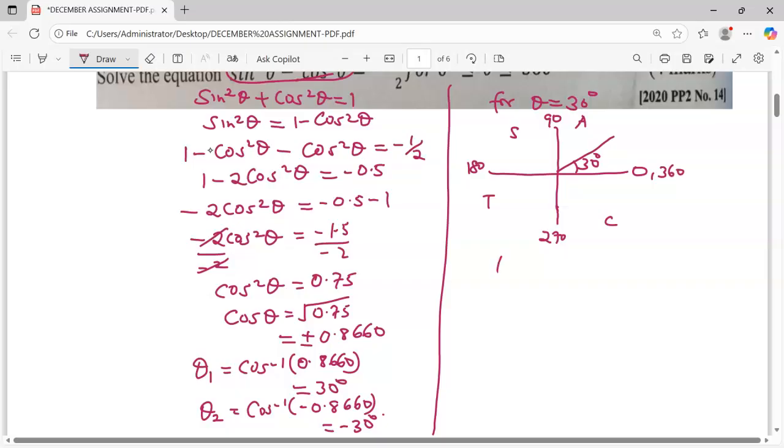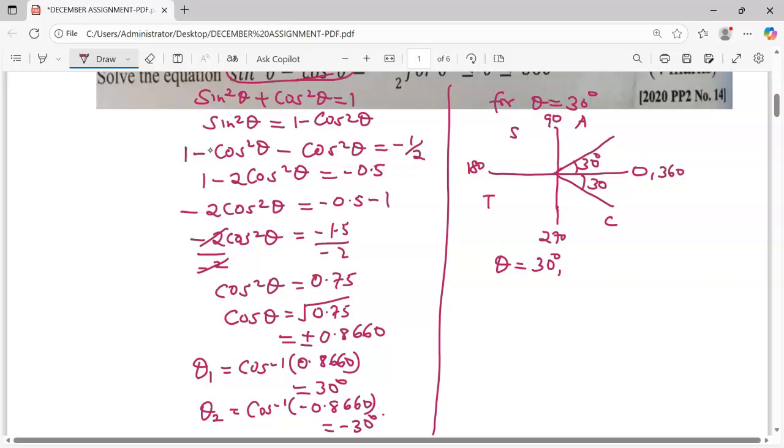So for the first value of theta, we measure from 0, 30 degrees, and then the other value of theta will be, remember cos is also positive in the fourth quadrant, so we are going to measure 30 degrees from the horizontal in the clockwise direction.